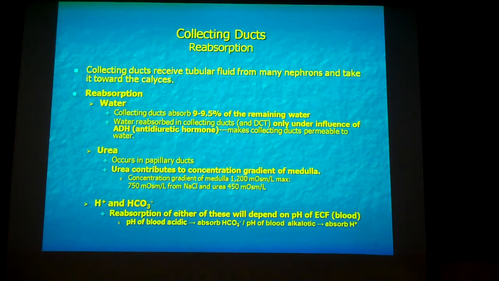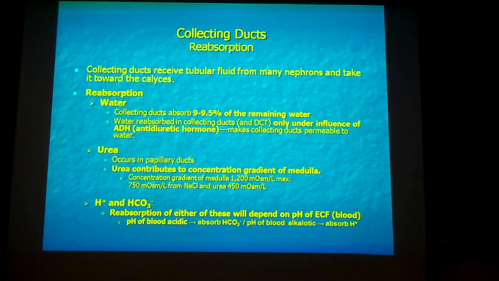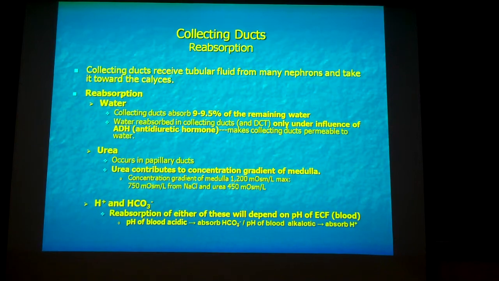And they're going to take it down all the way through the renal medulla and drip it out the ends of those renal papillae there. Now, what are we going to reabsorb? Well, we can reabsorb some more water. The collecting ducts are capable of absorbing this much more of the remaining water.